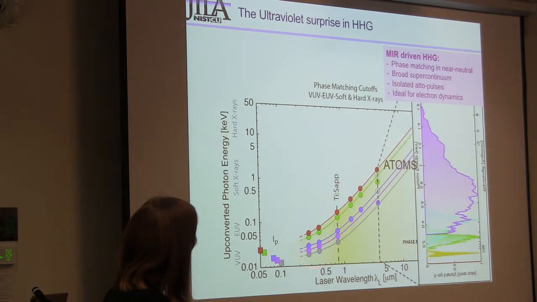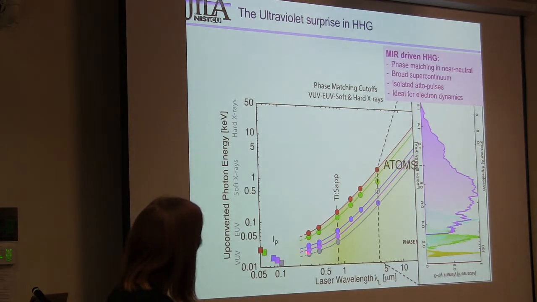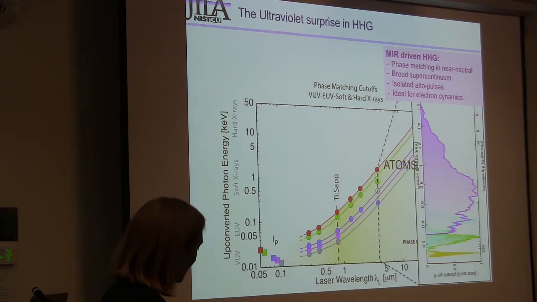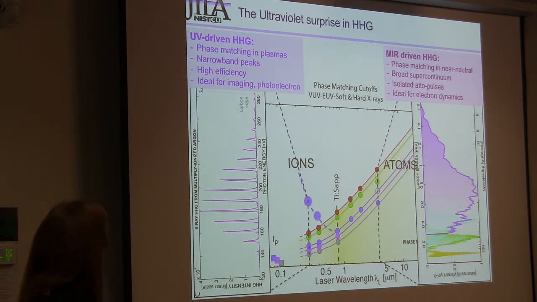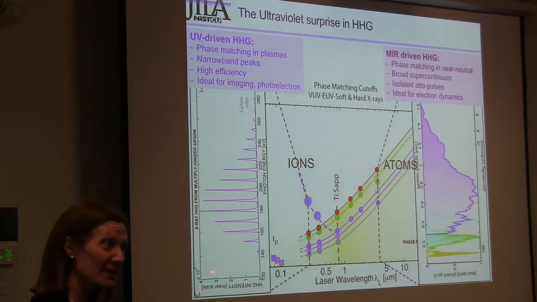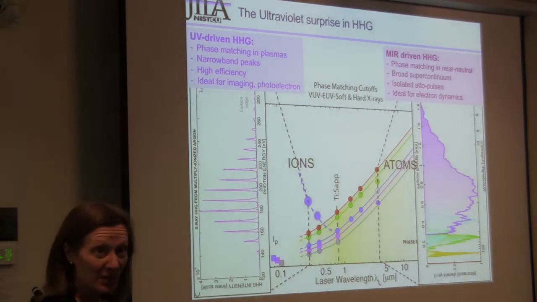But then we have slightly more intense lasers in the short wavelength region of the spectrum, and so we started to turn up the intensity, and then we got this surprise, which we're calling the ultraviolet surprise, which is different from the usual one. We suddenly saw harmonics that were as bright as if you used the long wavelength driving lasers, but they came out as discrete peaks, like they normally come.